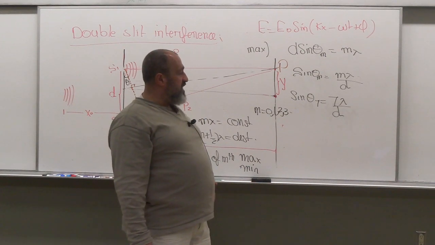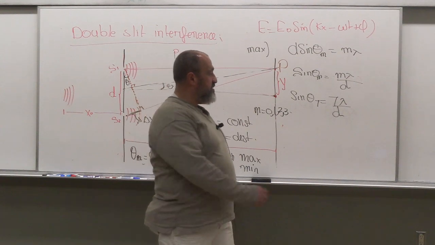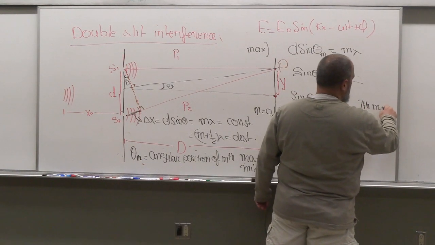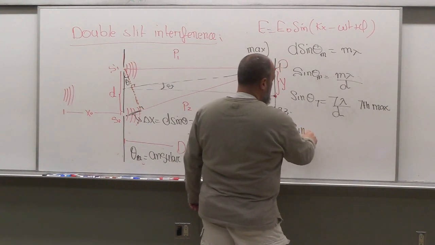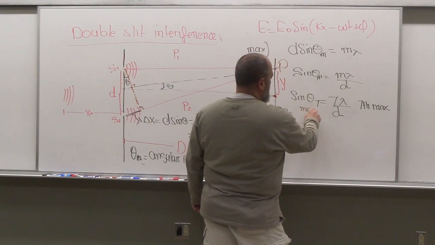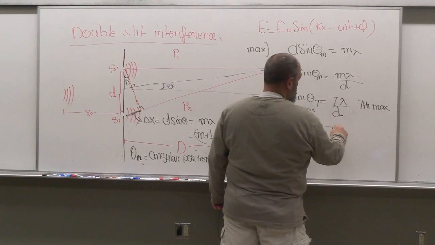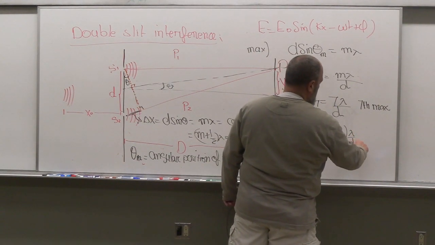So we have a vehicle now of predicting the angular positions; this gives me the 7th, or mth, maximum. And if I wanted sine theta 7 for minima, this was for maxima, it would be 7 plus a half, lambda over d.